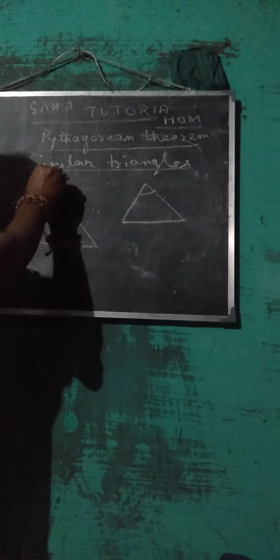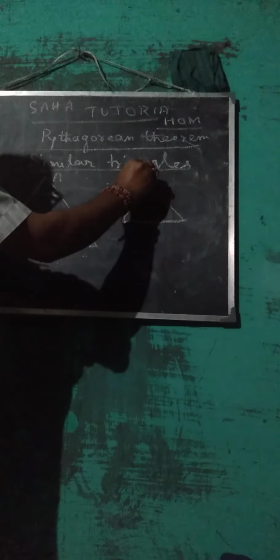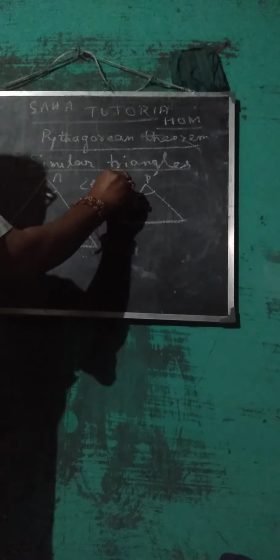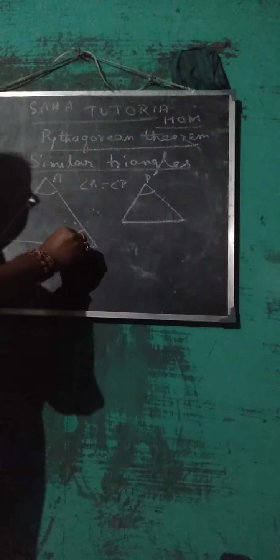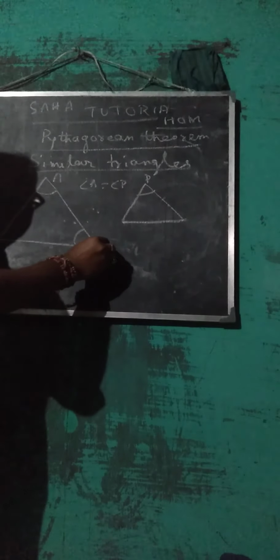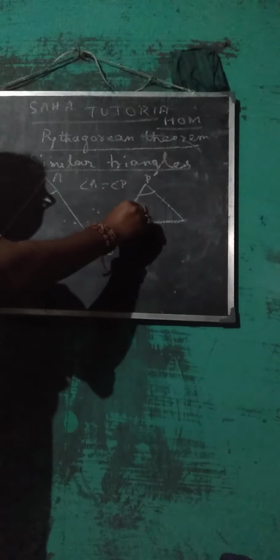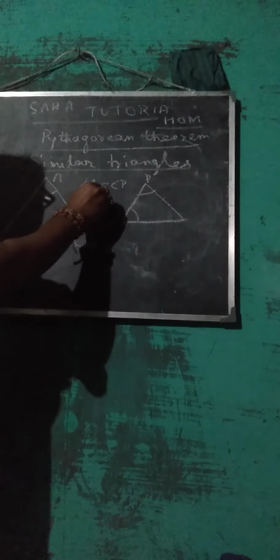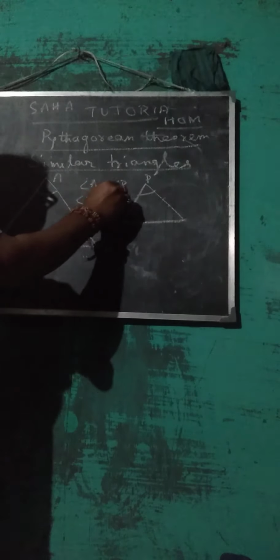Here angle A and angle P are equal. Angle B is equal to angle Q, and angle C and angle R are equal.